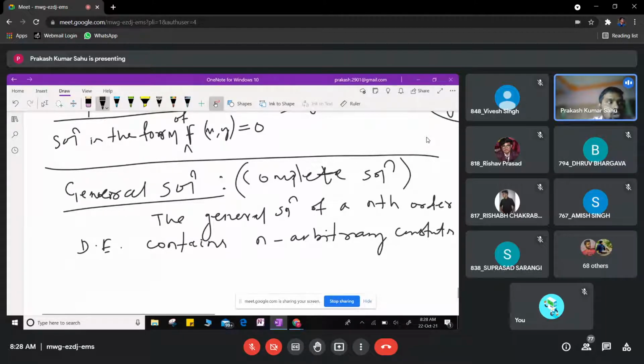That means the solution containing the arbitrary constants is called the general solution.